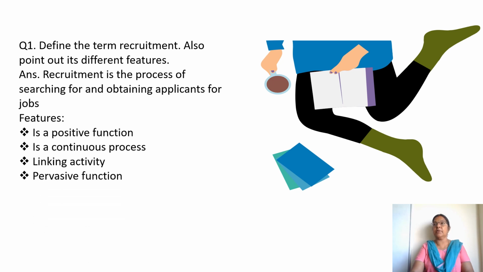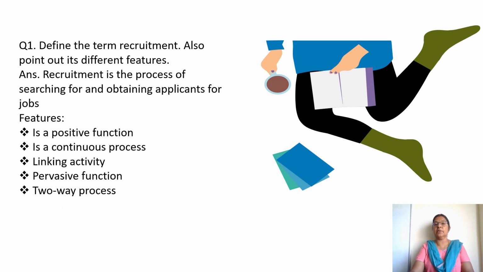And it is a pervasive function. Pervasive means it is spread out everywhere. Wherever companies are there, wherever employees are working, the recruitment process will definitely happen. So it is a pervasive function.